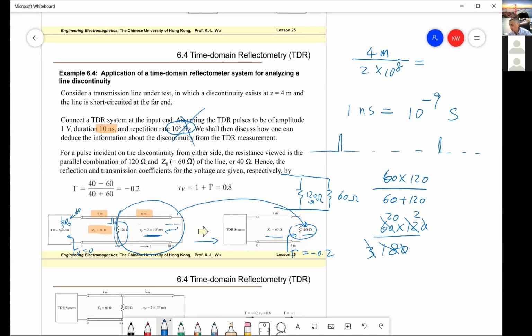So what's that equal to? This is t, right? This equals 20 nanosecond.